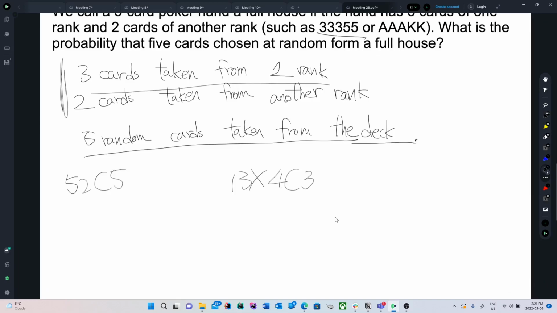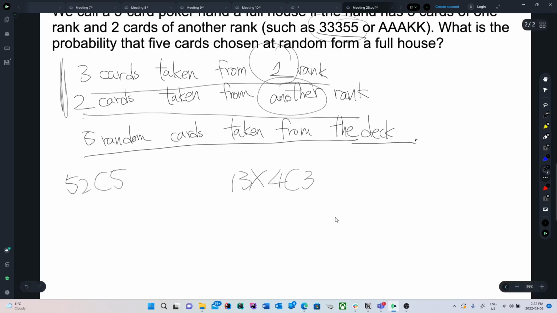Then we want to multiply this by the second possibility, which is the possibility of 2 cards being taken from another rank. Since we already took one rank, this rank can't equal the first rank, as there's only 4 cards in each rank and we want 5 cards here.